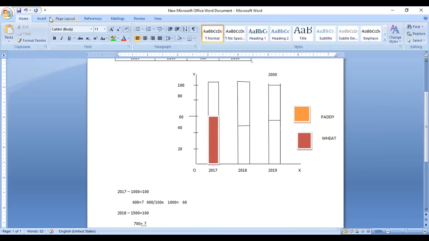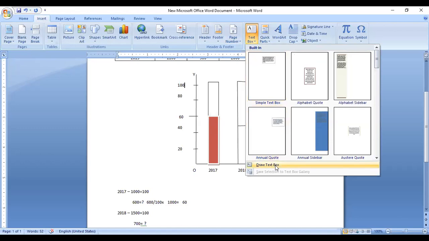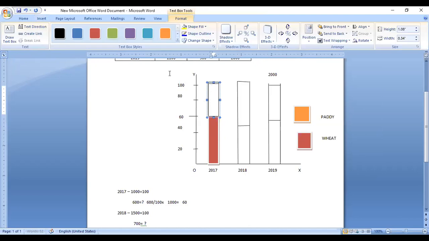We will continue with the same colors because the index says the same. This color. Okay.